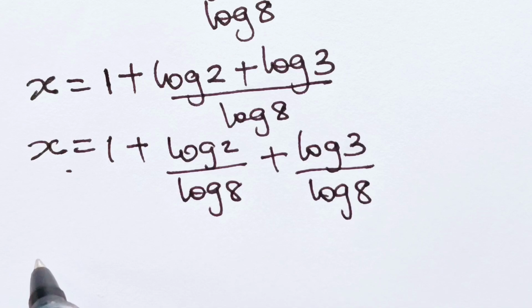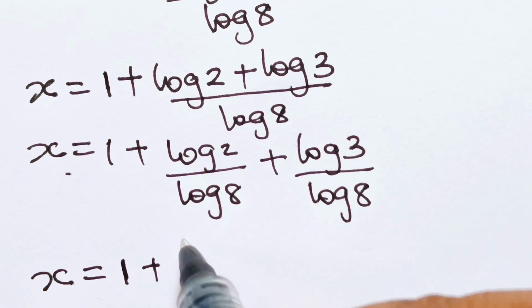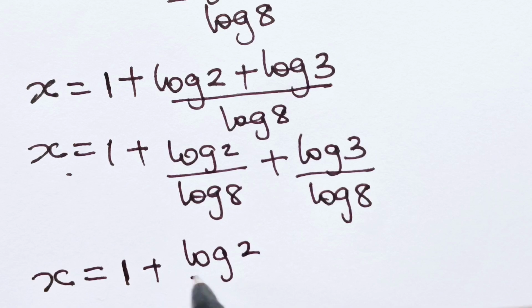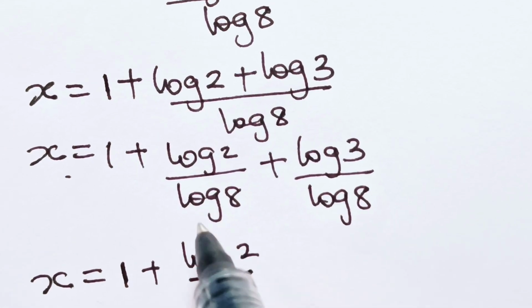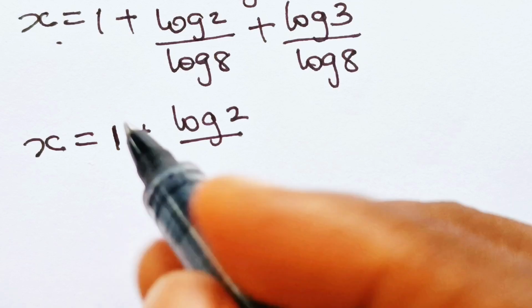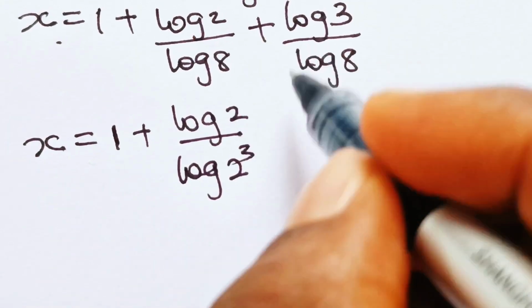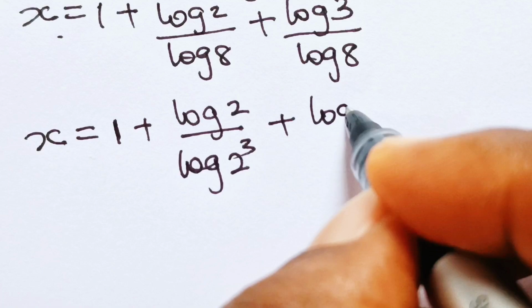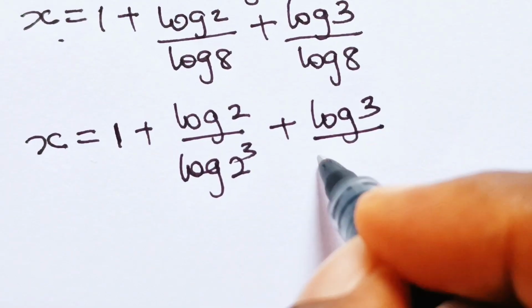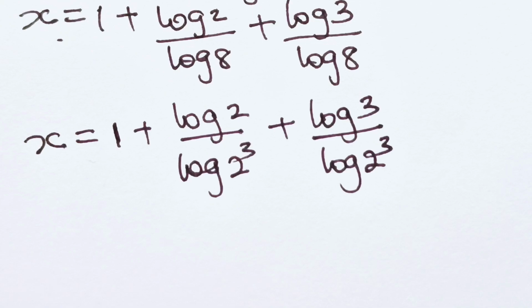So we have that x is equal to 1 plus log 2 divided by, now log 8 can be written as log 2 to the power of 3, right? Log 2 to the power of 3, plus log 3 divided by log 2 to the power of 3.